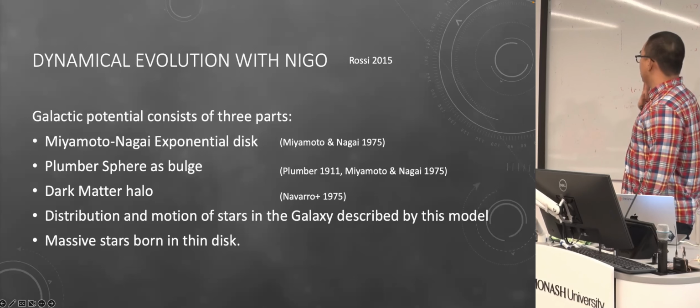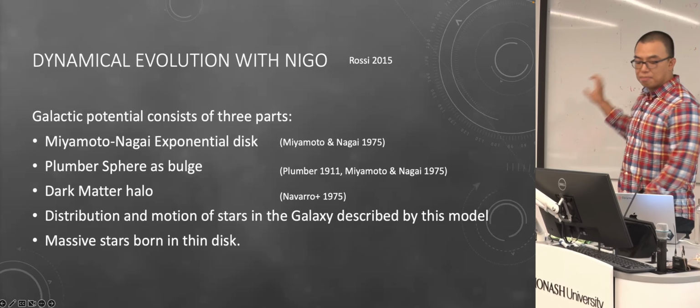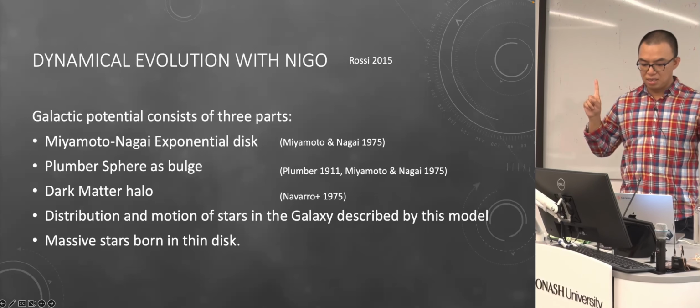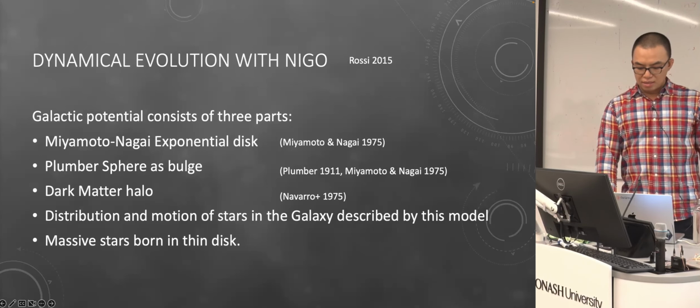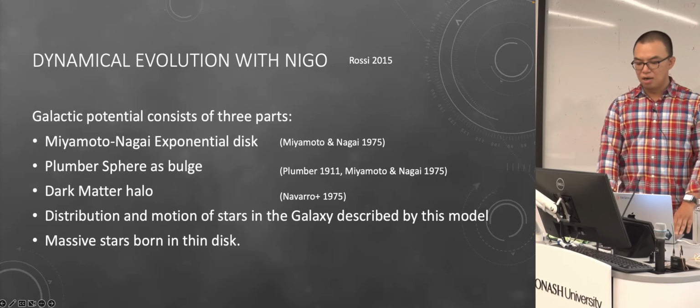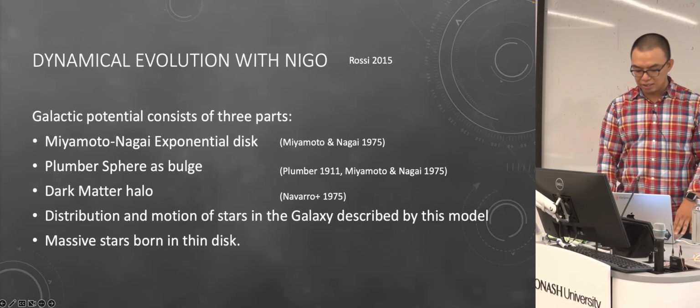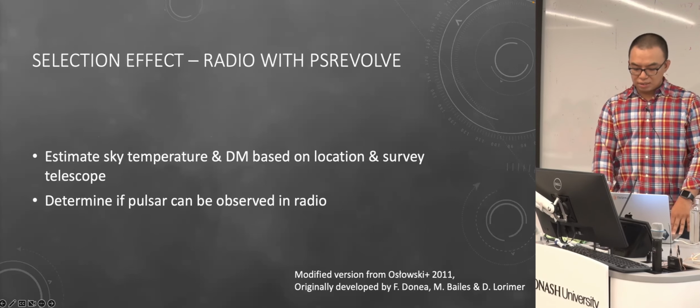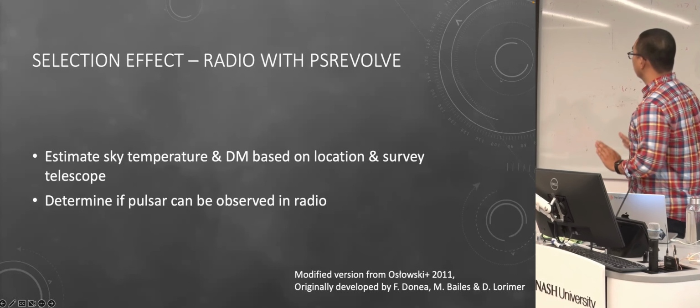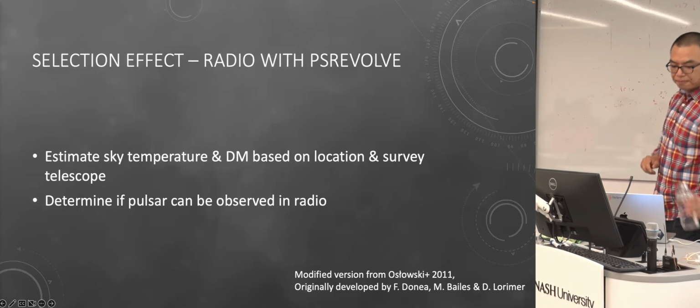After we do all of this and combine it with making the observation, we can then decide if a pulsar is observable in radio or in gamma ray. That's done in two parts. I'm going to talk about radio first.